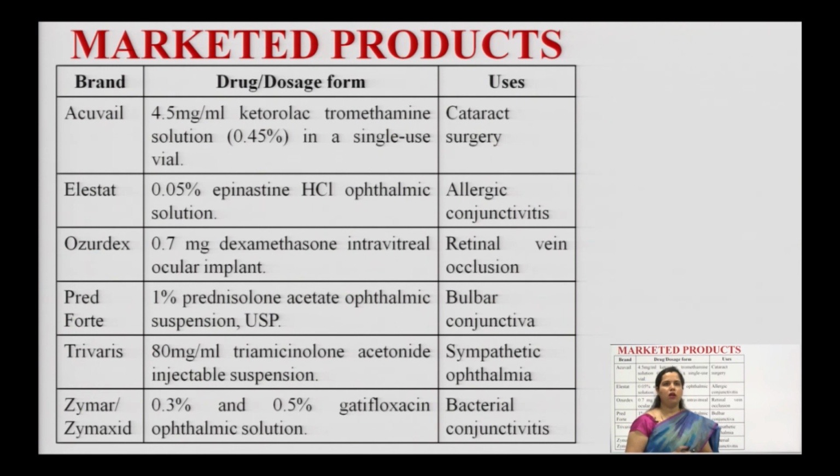For example, AccuVail contains 4.5 mg ketorolac tromethamine solution 0.45% in a single use vial for cataract surgery. Likewise, we have Elestat, Ozurdex, Pred Forte, Triveris and Zymar and many more. I have just highlighted a few of them, and they are available for a variety of conditions like cataract, allergic conjunctivitis, retinal vein occlusion, bulbar conjunctiva, sympathetic ophthalmia and bacterial conjunctivitis.